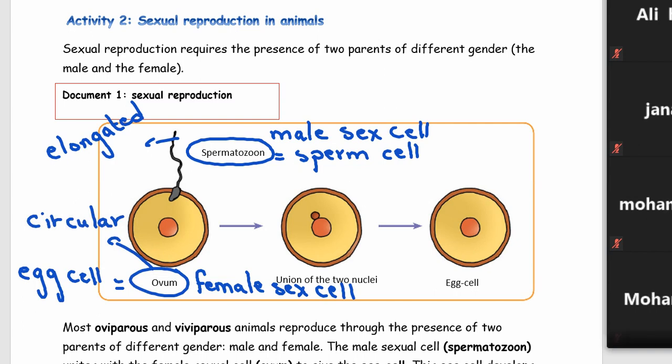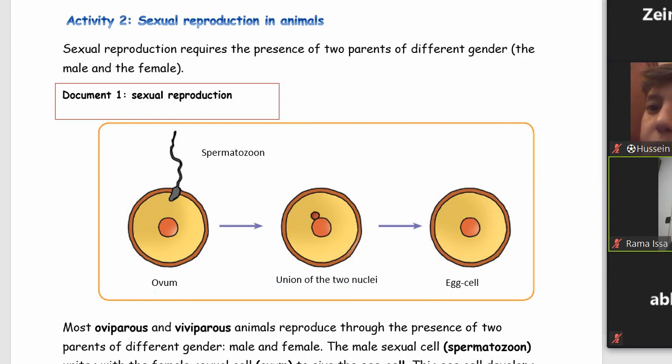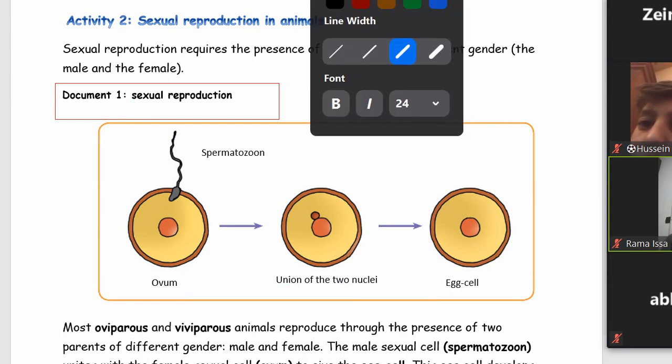So the union of both sex cells requires the spermatozoon, which is the male sex cell, and the ovum or egg cell, which is the female sex cell. Now, let me clear everything in order to allow you to focus more.